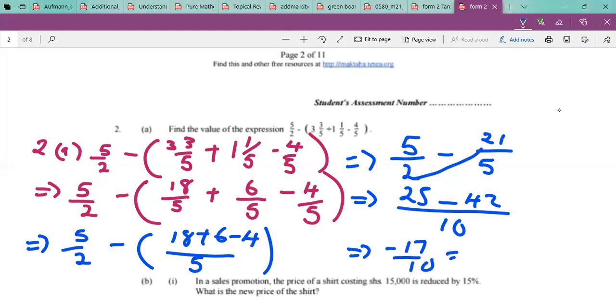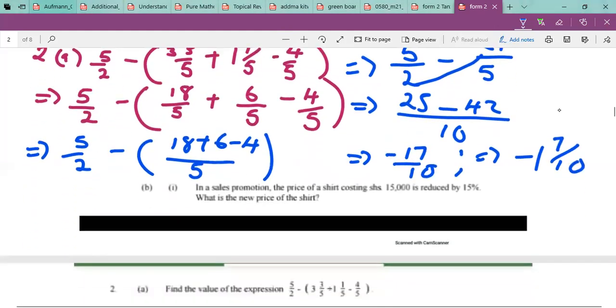Since it is an improper fraction, we change it into a mixed fraction: negative 1, because 10 into 17 is 1, remainder 7 over 10. That is our answer.